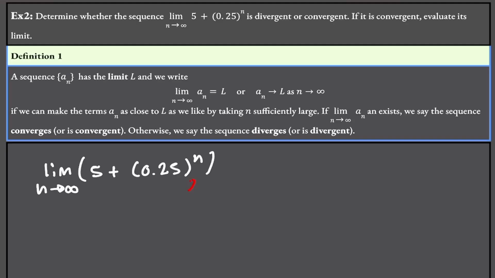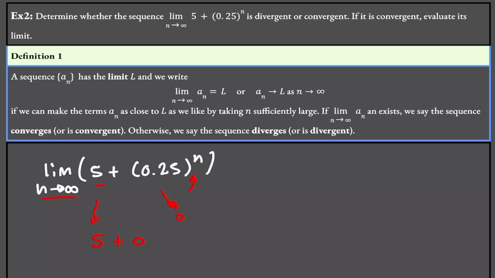We only have that value of n in the exponent. If I plug in our value of n there, then this is 0.25 raised to a very large number, and because it's raised to a very large number, this would tend to 0. Then we would have 5 plus 0, because the limit of just a constant gives us the constant in return.